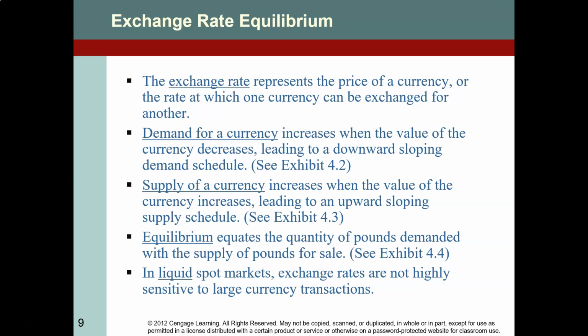Okay, how can we understand this? So for exchange rates, we can just treat it as the price of a currency. And in your economics class, you've already learned the supply and demand equilibrium, right?